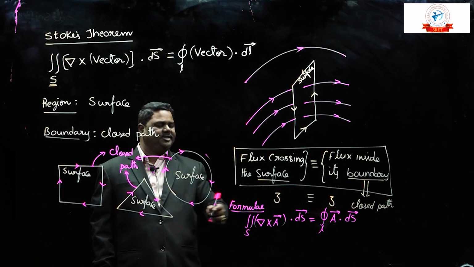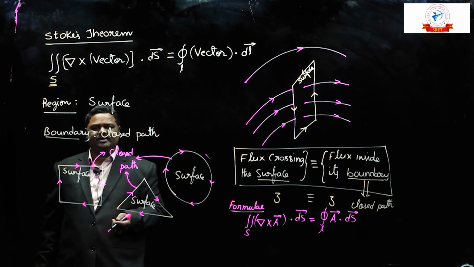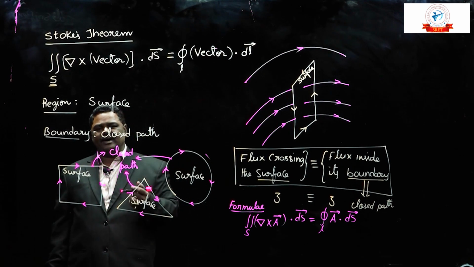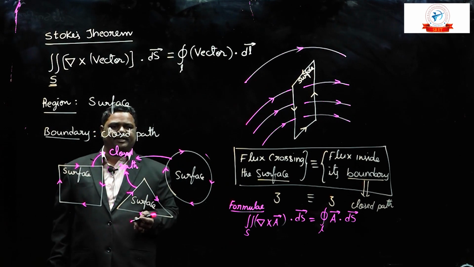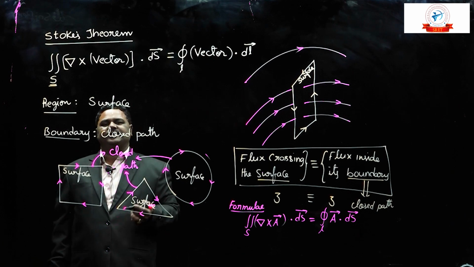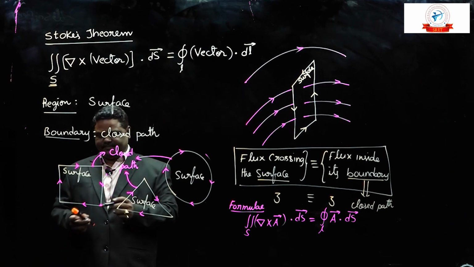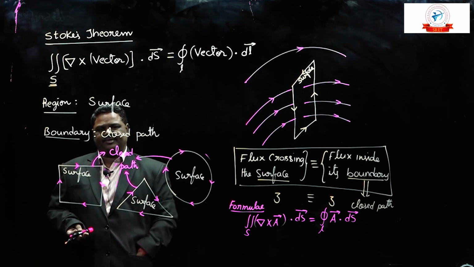That's it. This is the formula for the Stokes theorem. So till now we have studied the divergence theorem and also the Stokes theorem. Next we will see the theorem on gradient, the third important theorem.